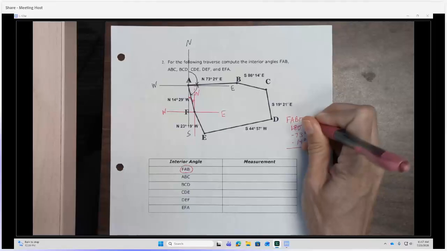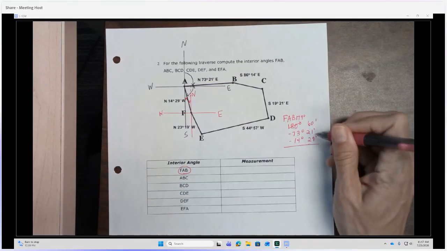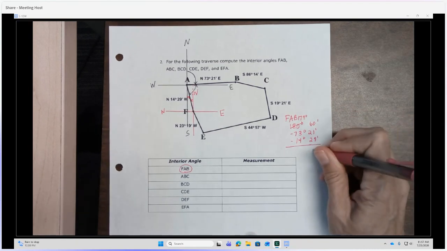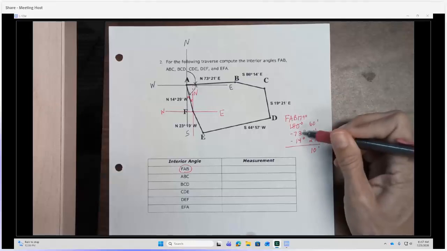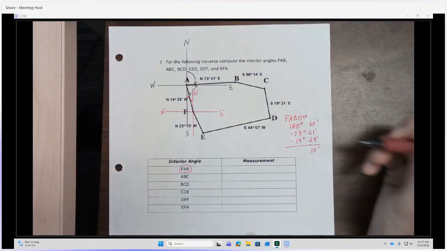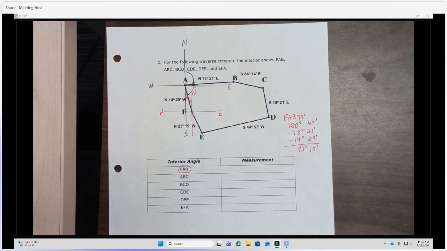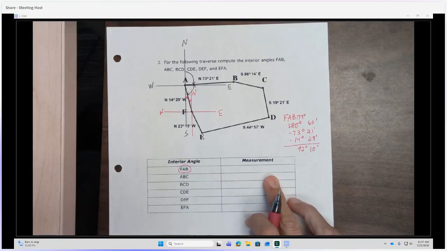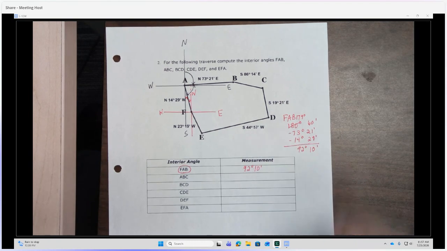We'll make that 179 degrees and 60 minutes and subtract the 21 and 29. That gets us down to 10 minutes. And then 179 minus 73 minus 14 gets us down to 92 degrees. So my interior angle for FAB is 92 degrees, 10 minutes.